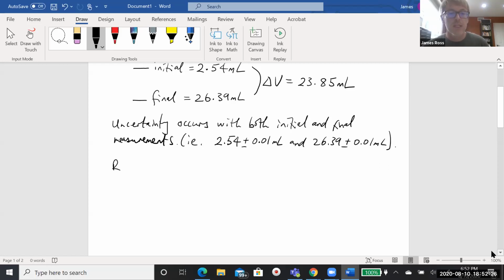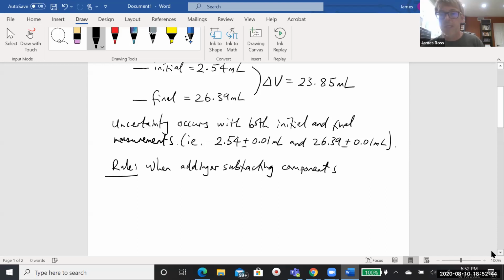There's a rule that states when adding or subtracting components, so I'm going to say X and Y. X and Y, they're just labels, and I have two of them because I have an initial and a final volume. I could have more labels if I had more than two variables, but it makes sense to just stick with two.